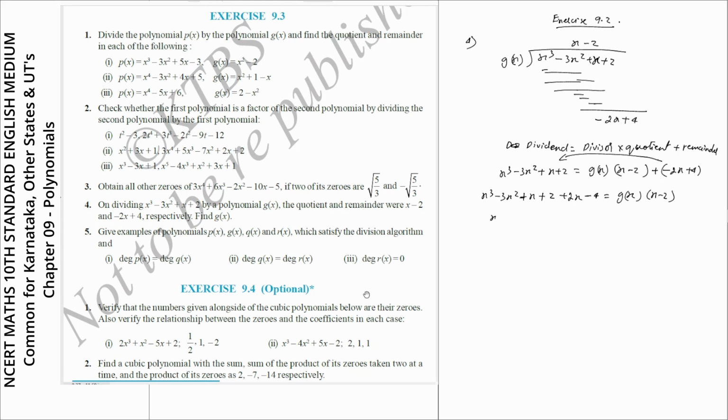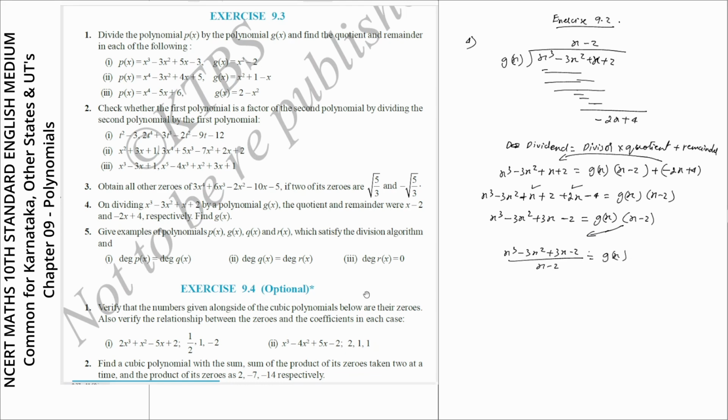So now this is x cube minus 3x square, now plus x and plus 2x, I'll get plus 3x. Then plus 2 and minus 4, I'll get minus 2. So this is equal to g of x into x minus 2. Now I'll bring this x minus 2 to the left hand side. If I bring, what will I get? It will come to the denominator. So x cube minus 3x square plus 3x minus 2 by x minus 2 is equal to g of x.